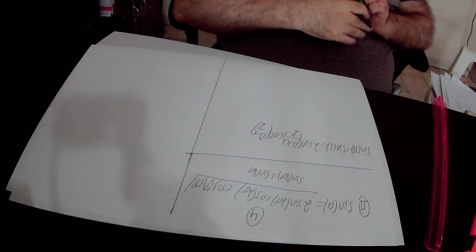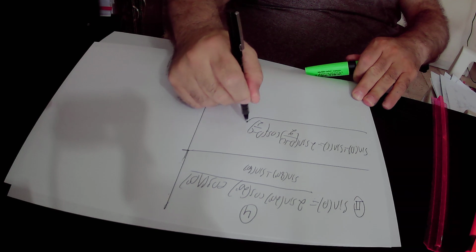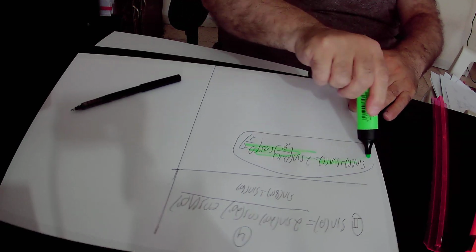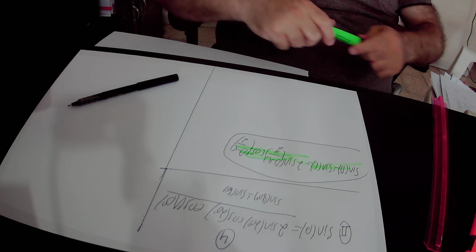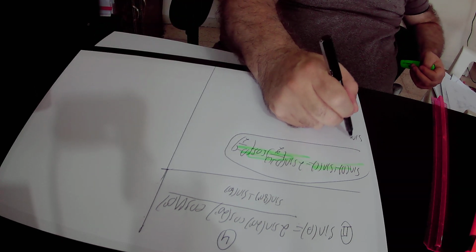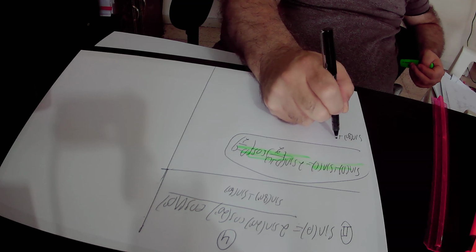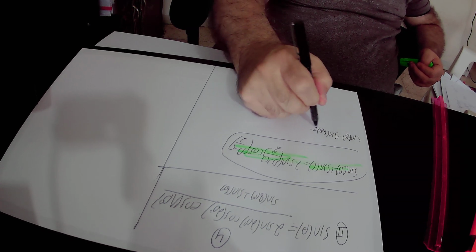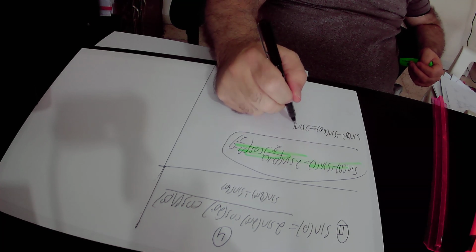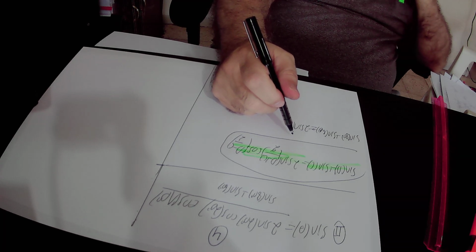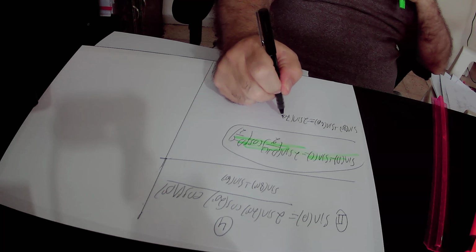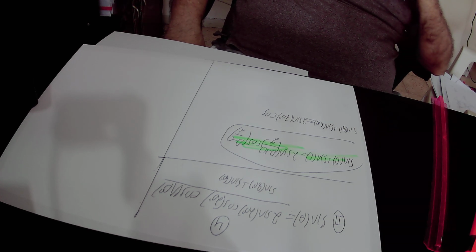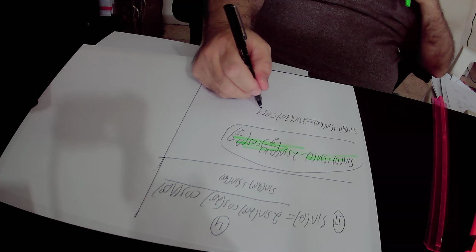So we use this trigonometric identity for sinus 80 degrees plus sinus 60 degrees, and we get that it will be equal to 2 times sinus of D plus C, which is 80 plus 60 is 140, and 140 over 2 is 70 degrees, times cosine of D minus C. D is 80, C is 60, and so 80 minus 60 is 20, and 20 over 2 is 10 degrees.